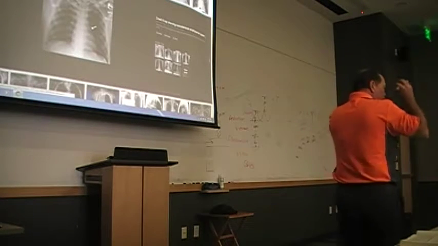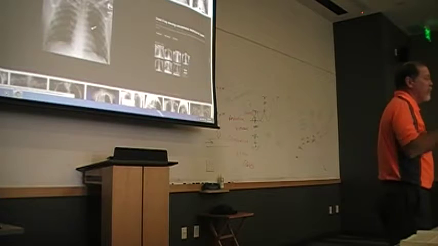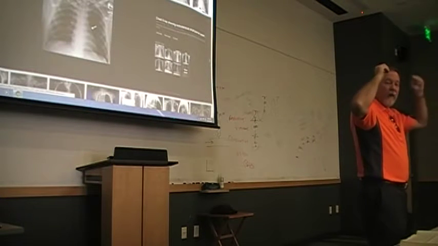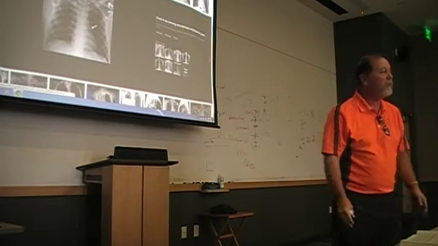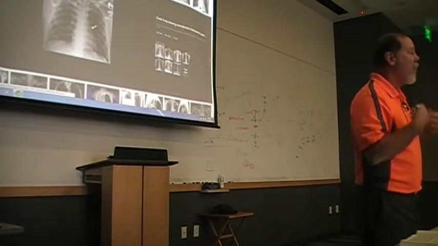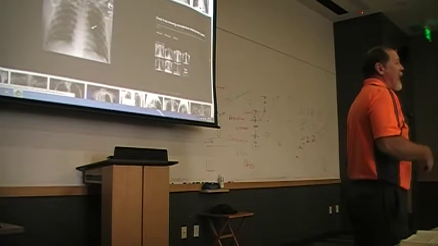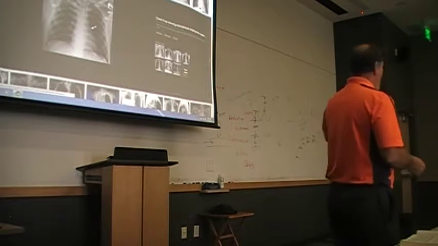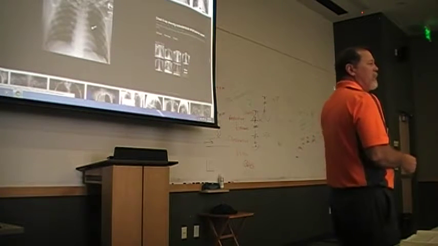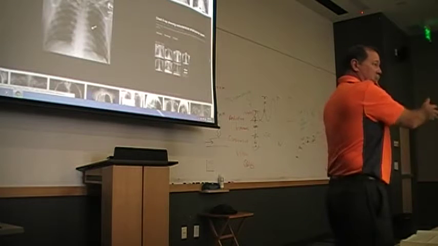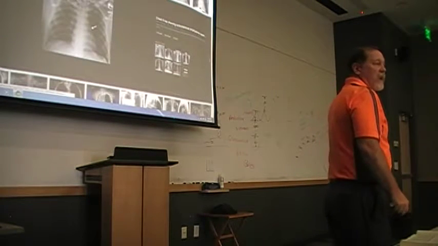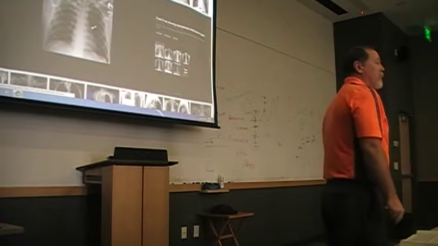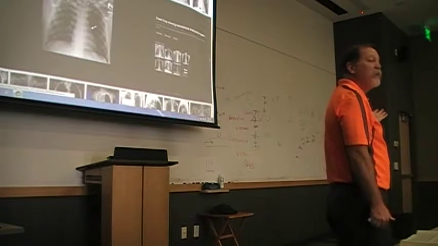So that's just a point of reference for normal, right? Normally I should be able to get about 60% of my lung volume out in a half second. After 1 second, I should have about 83 or 84% out. In 2 seconds, about 92 or 93% out. In 3 seconds, almost 100%.